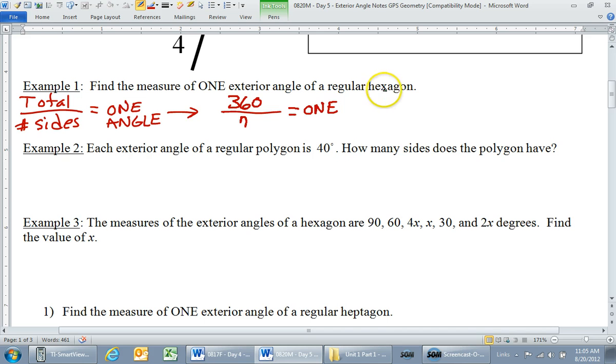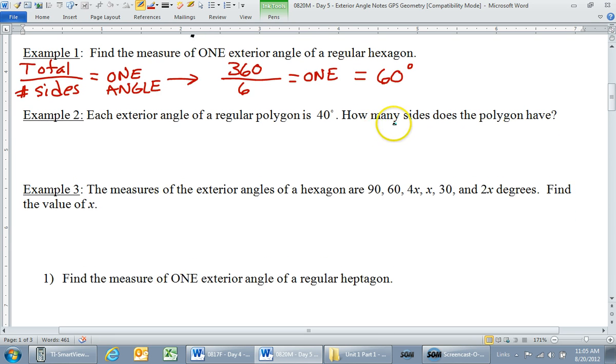Oh, wait, it told me that we got a regular hexagon. So what am I going to put instead of N? That's going to be 6. So what will be the measure of one angle then? 60. That's just going to give me 60 degrees. Pretty simple.